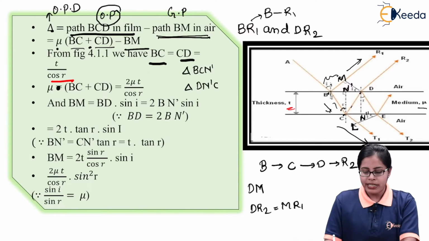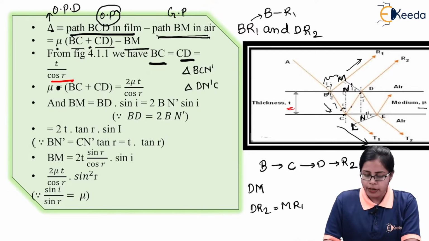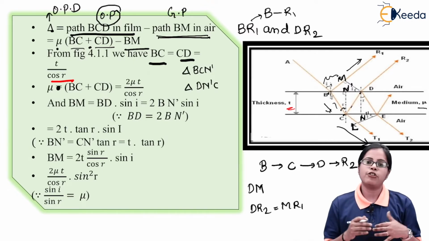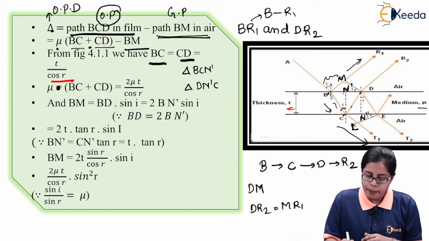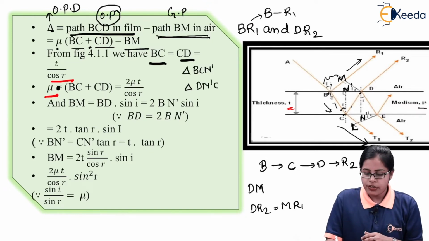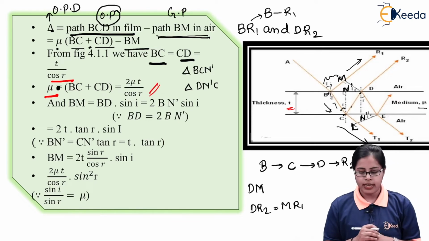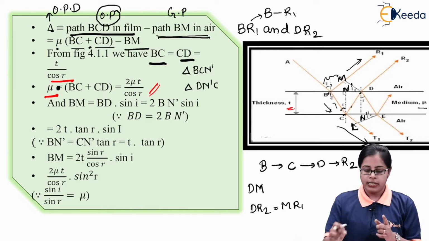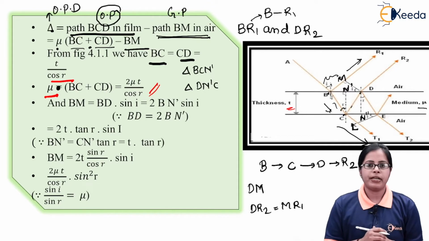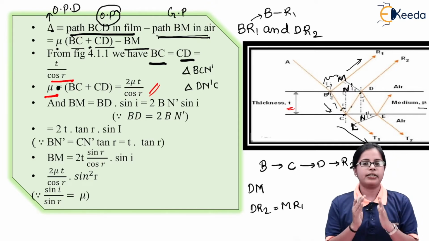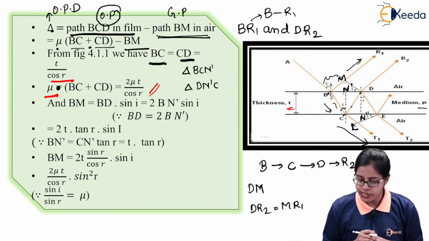As I told you, BC and CD have equal values. So BC plus CD is 2 times that value, multiplied by mu, which gives 2 mu T divided by cos R. So that's the value of the first term of the optical path difference.